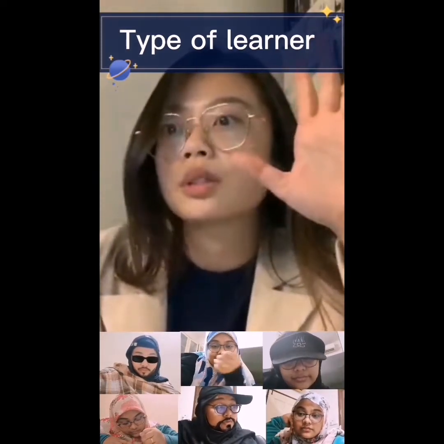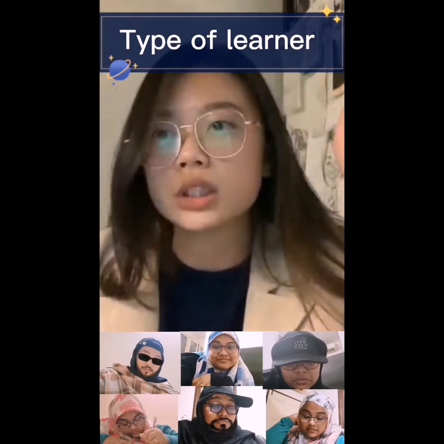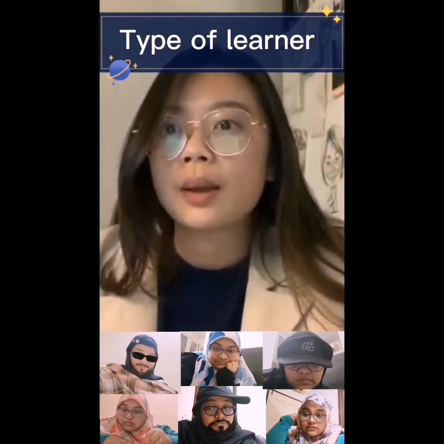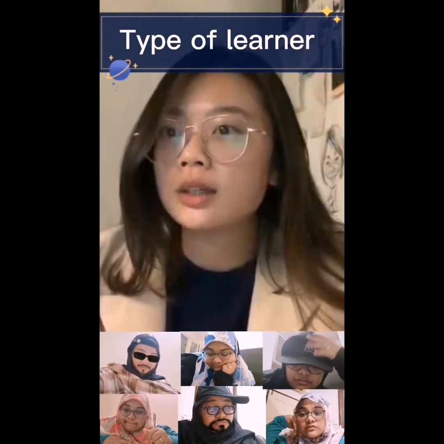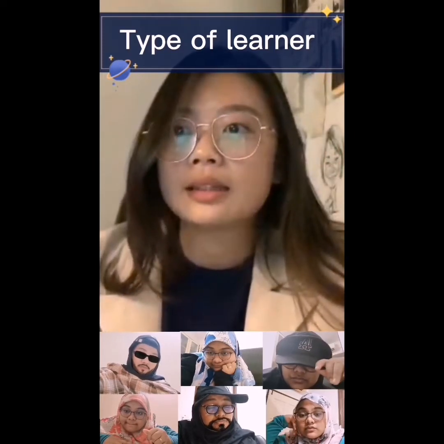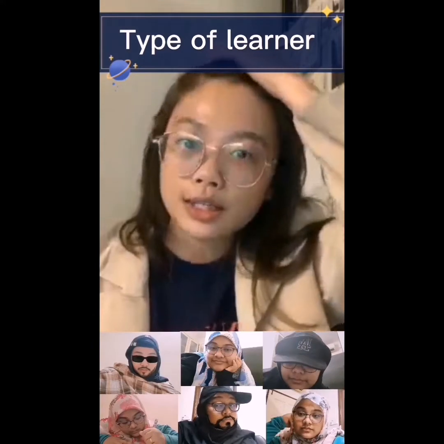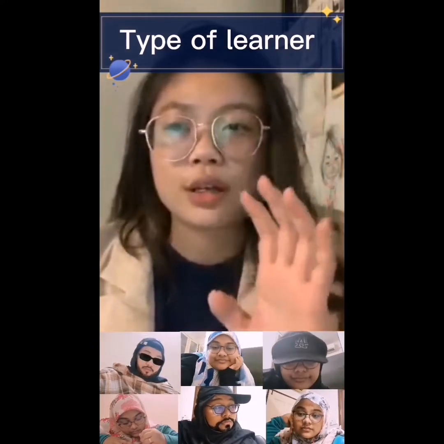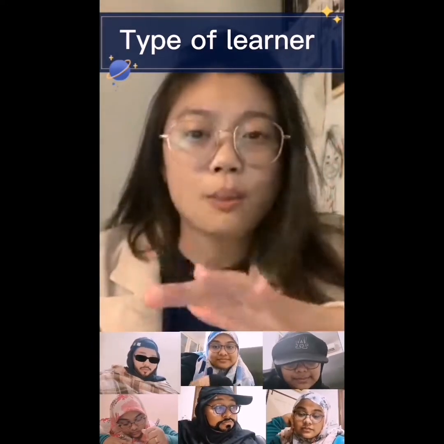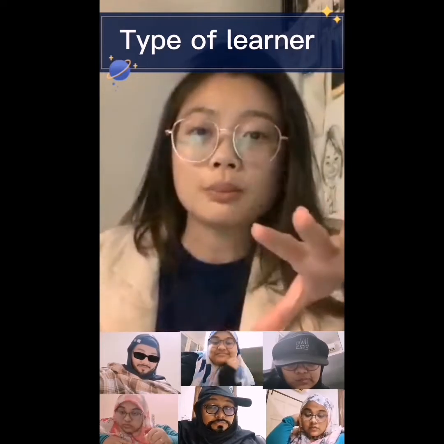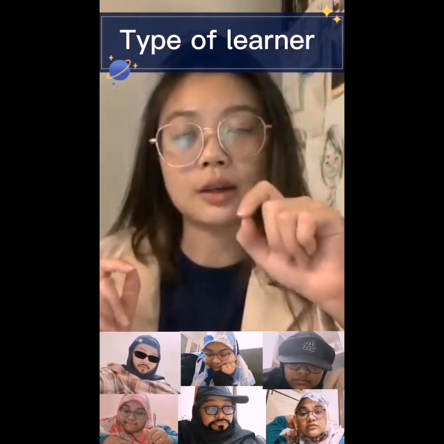Here are some common characteristics of a visual learner, including the method of learning they prefer and their possible personality and study habits. Again, it is common that people have more than one learning style.